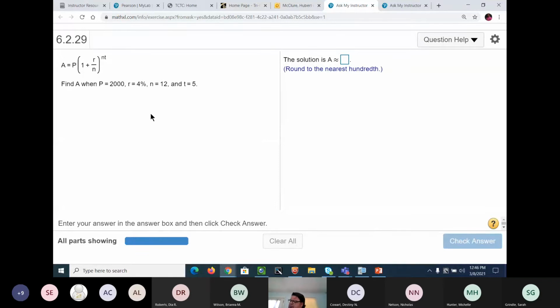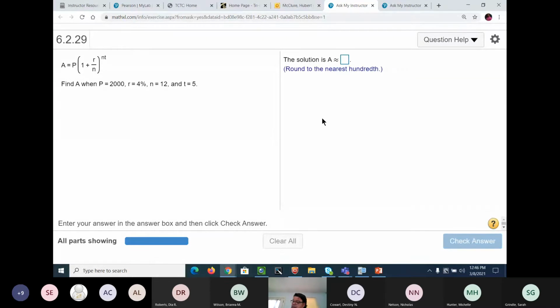Simple interest, not simple interest, compound interest. A is equal to P times 1 plus R over N raised to the NT power. And we talked about this last week. Principal, that's what you put in the bank account.